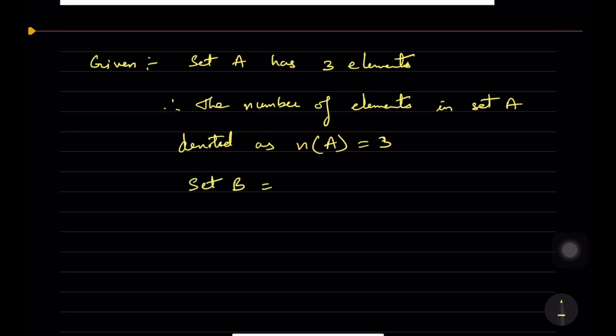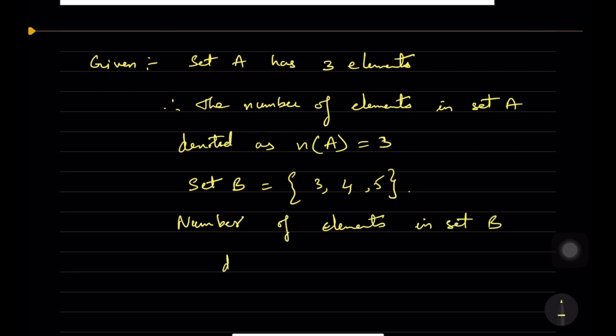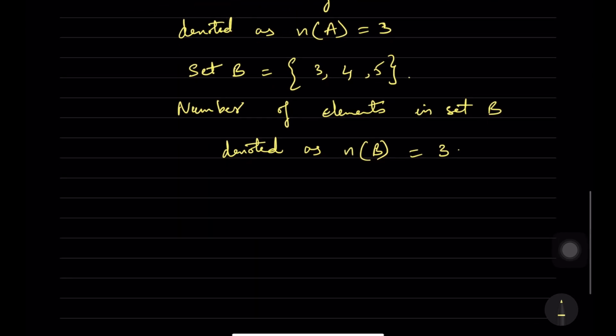The set of 3, 4 and 5. So the number of elements in set B, denoted as n of B, is equal to 3. So you can see 3, 4, 5 are 3 elements. So therefore it is equal to 3.